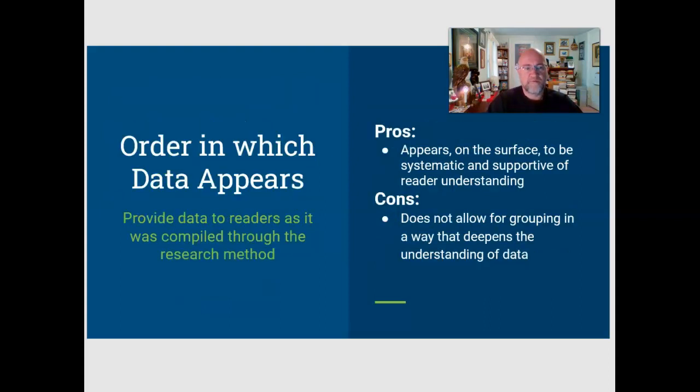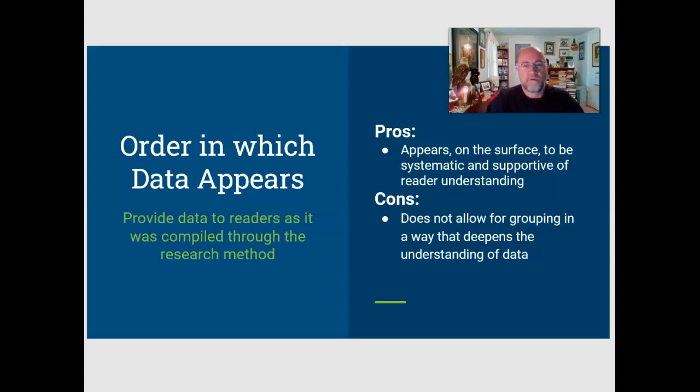So first of all, think about this idea of order. That's really number 1, the order in which data appears. Are you going to provide the data to readers as it was compiled through the research method? Right? I got this, then I got this, then I got this, and so on.